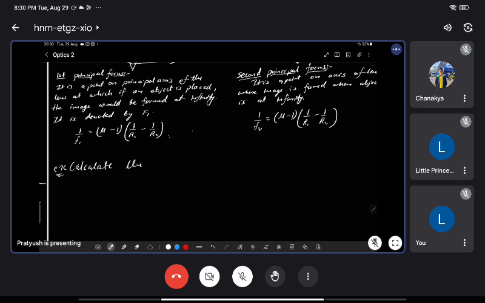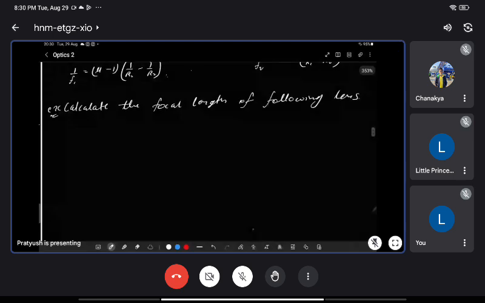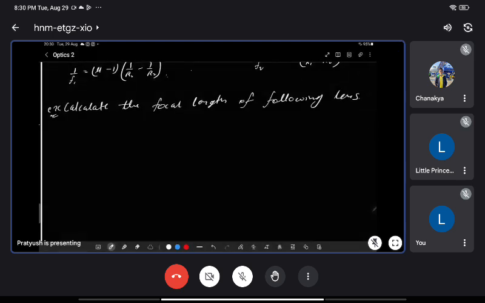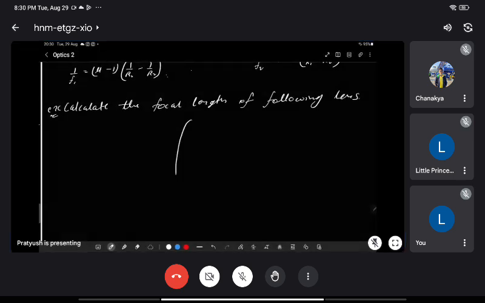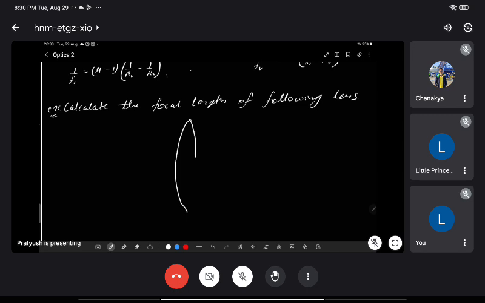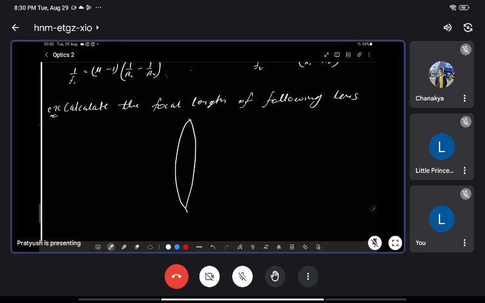Calculate the focal length of the following lens. Radii of curvature are given as 60 centimeter and 15 centimeter.